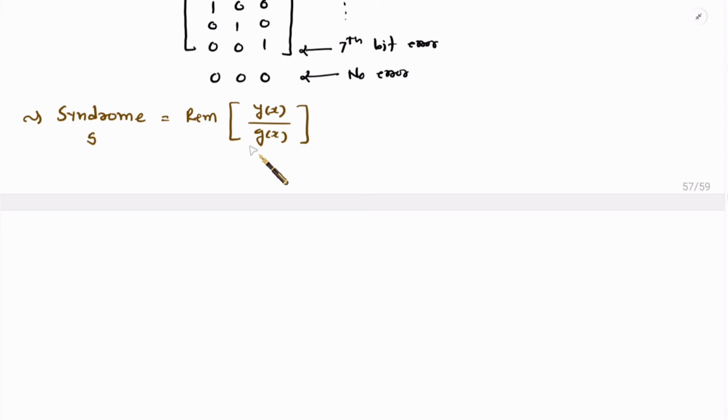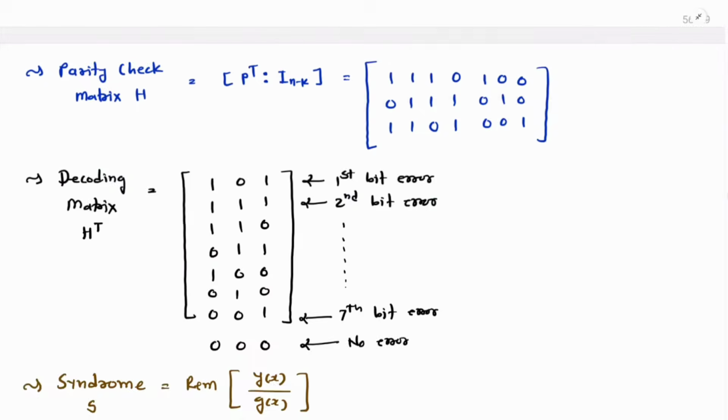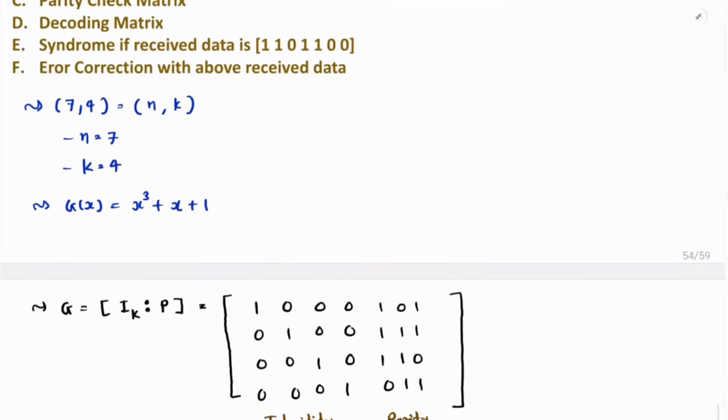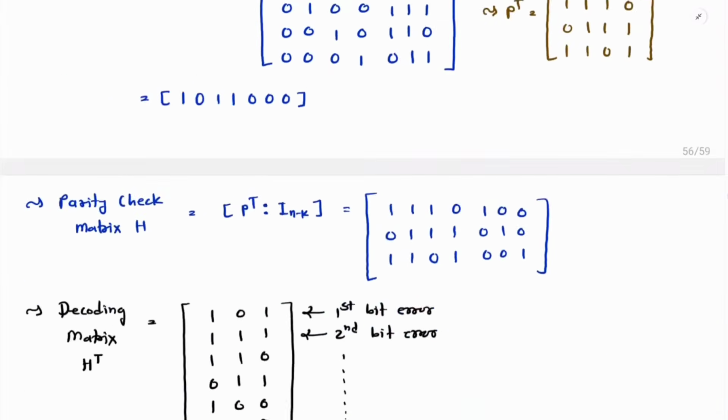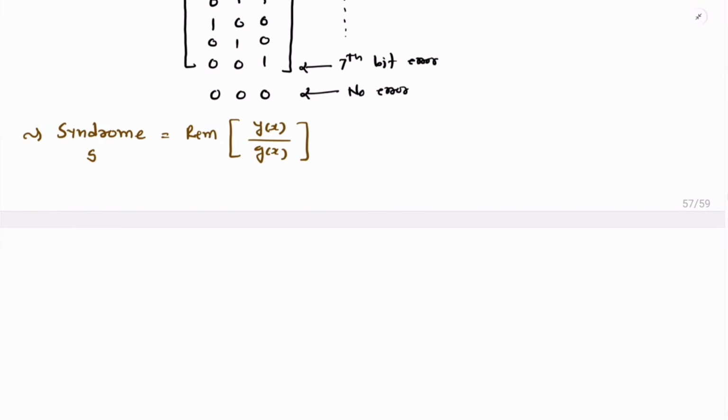So first of all, you need to understand what is received data y of x. Here, data is given in terms of bits. You can observe. Received data is 1 1 0 1 1 0 0. So let me note it down. See, received data that is given here, that is 1 1 0 1 1 0 0. That is the received data.